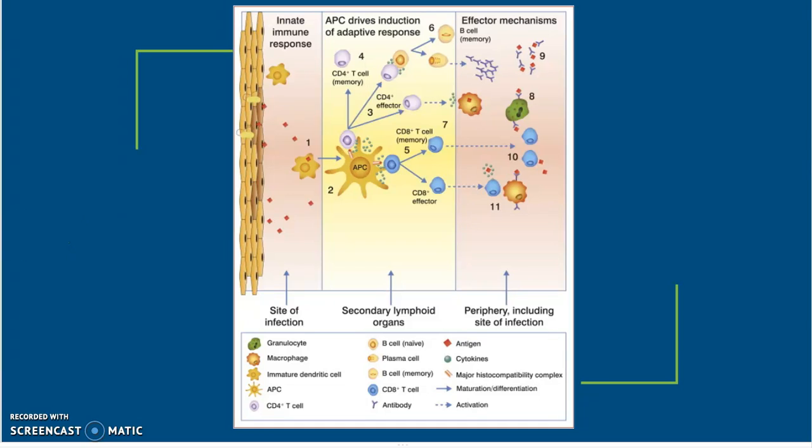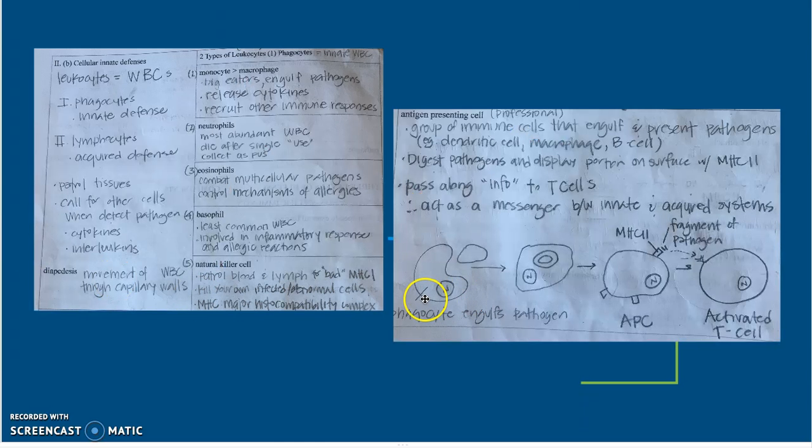So let's go in your notes back to where we were. We're going to talk about this next type of protective cell. It's another white blood cell. It's a group of white blood cells that actually can be converted to antigen presenting cells, and they're professional antigen presenting cells.